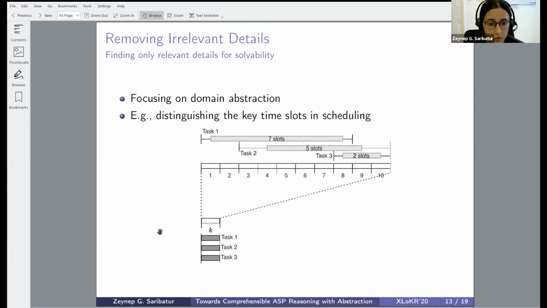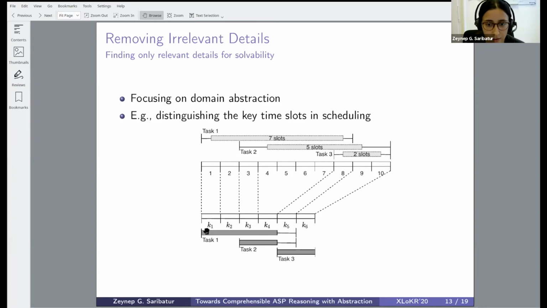When you start with a very coarse abstraction, clustering all the time points into one, you eventually get a mapping where you construct a scheduling which is not spurious, and it helps you distinguish the key time slots in scheduling.